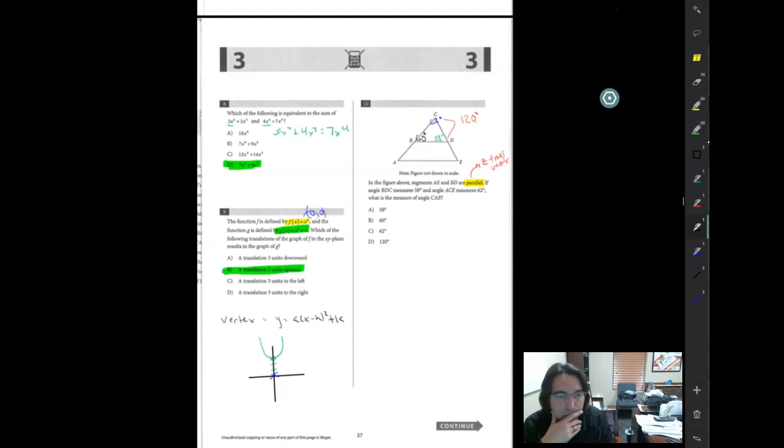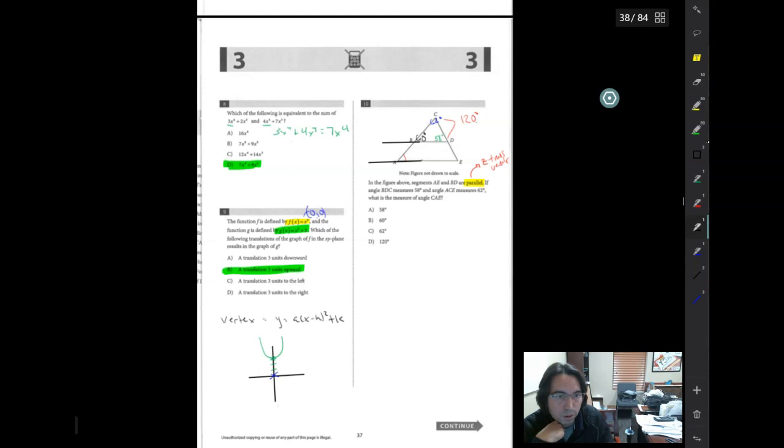It then asks, what is the measure of CAE? This is the one that's in question right here. We do not know CAE. But what I can do is draw a line that comes off this one, and draw another line that comes off this one.